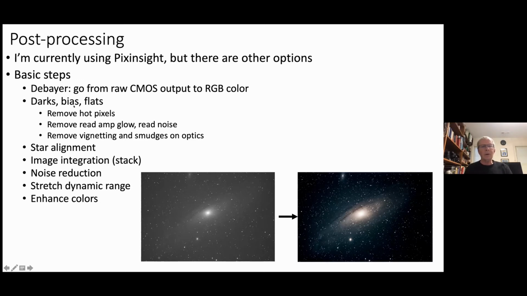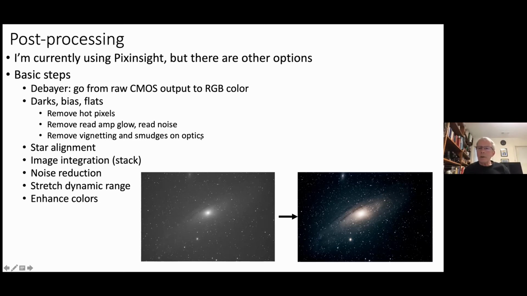The more advanced way, you buy an LED illumination thing you put over the telescope and take pictures of it. But I'm just doing it, looking at the blue sky right now. And that helps for removing vignetting that you'll get to some degree, that is darkness through the edges of the images, and smudges on the camera or on the lenses or mirror.